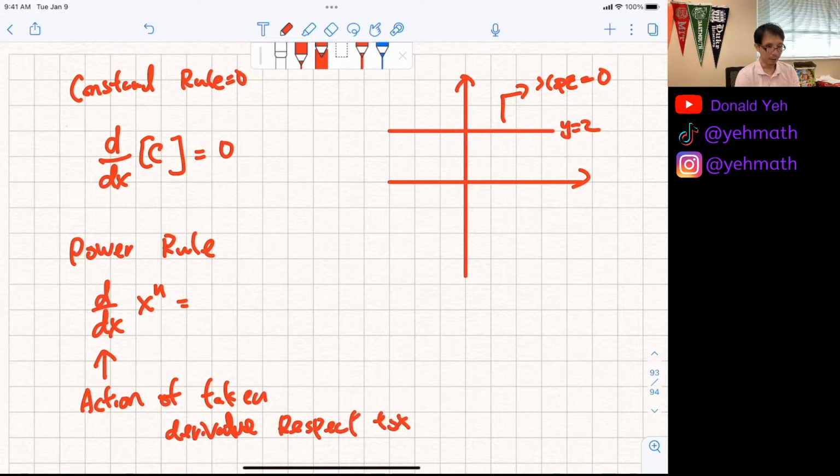Then you take this n and place it in the front, so n x, and the exponent becomes n minus 1. And that's the power rule.